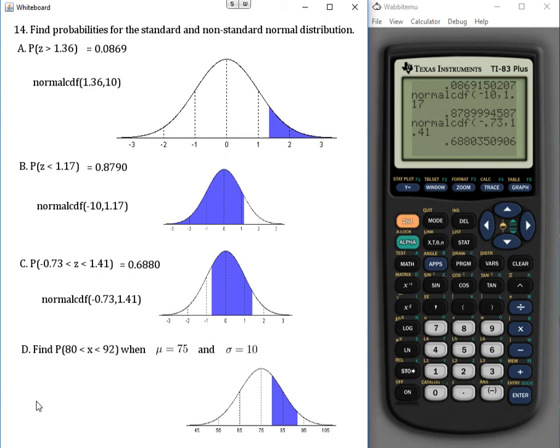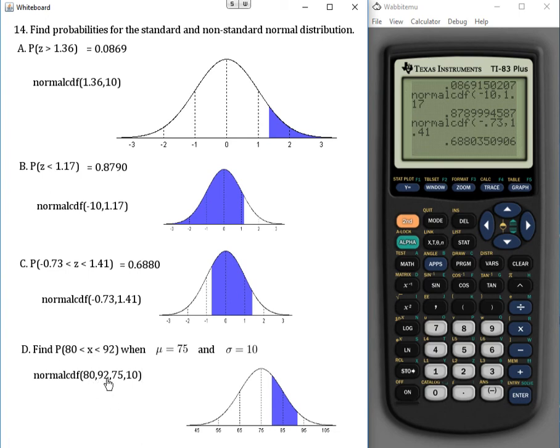So now what I'm going to do is type into my calculator normal CDF as well, just as we were doing. The first value is 80, the second value is 92, but I have to provide it the last two inputs of the mean and the standard deviation. Otherwise, it's going to interpret these two values as z-scores, and a z-score of 80 is next to nothing as far as we're concerned, and 92 is 92 standard deviations from the mean. That's really far.